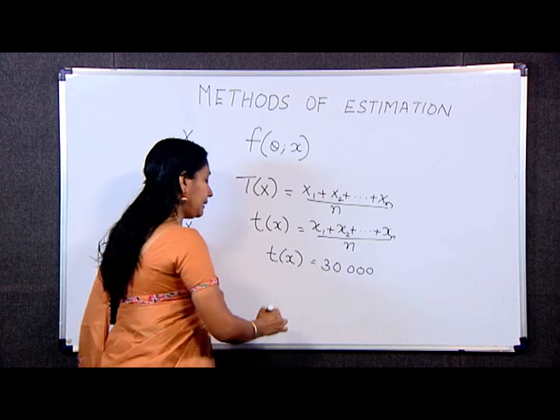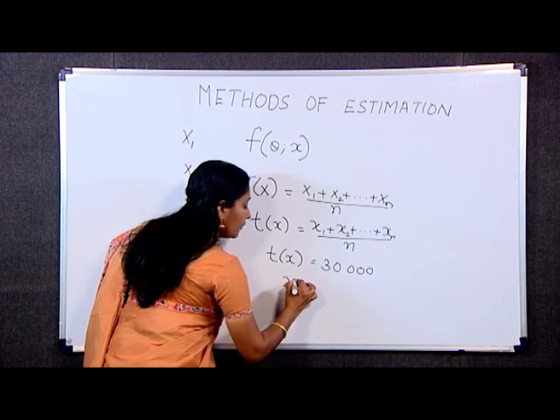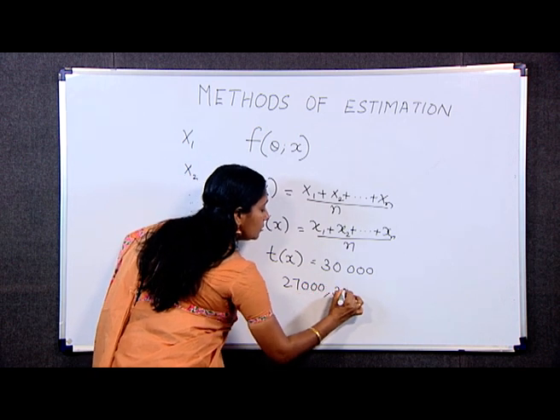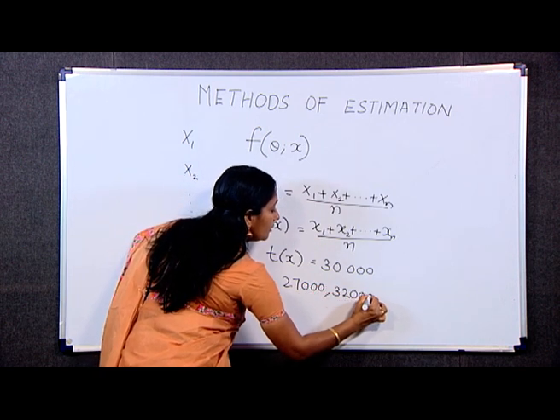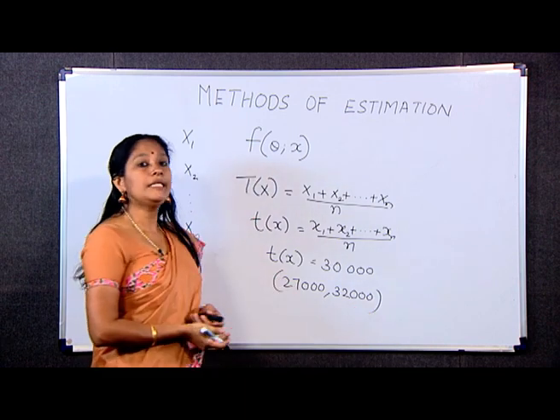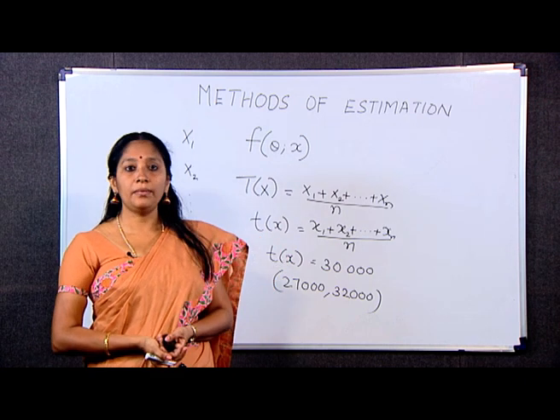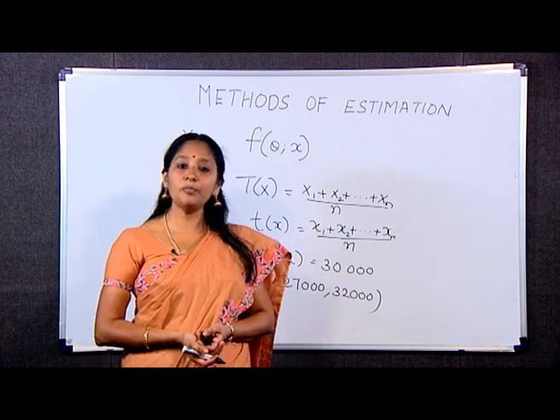Or if we say that it lies in the interval 27,000 to 32,000, then we say that it is interval estimation. Now, let us see more examples involving different types of populations.